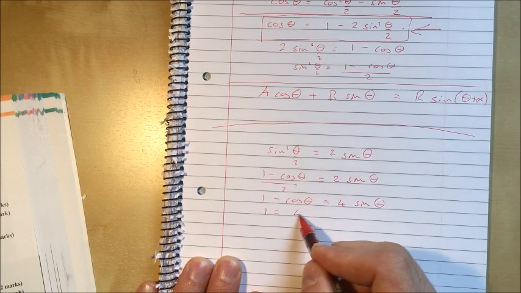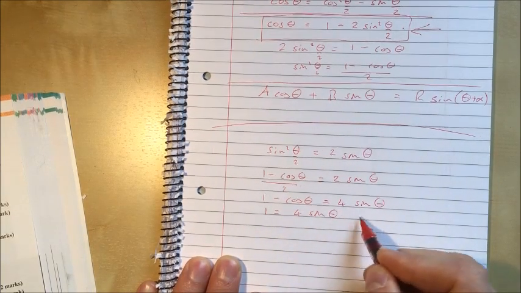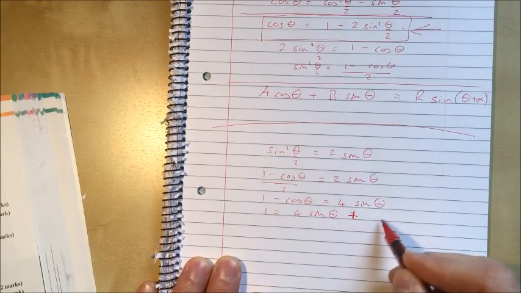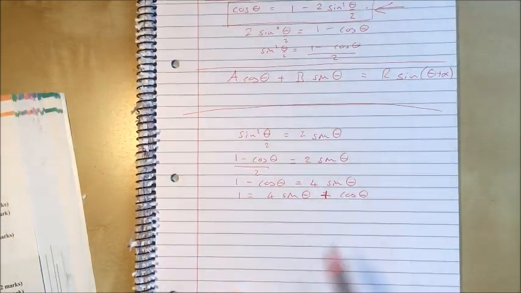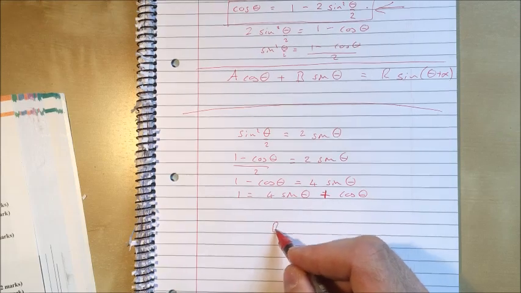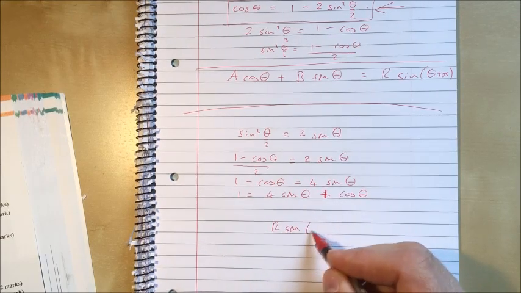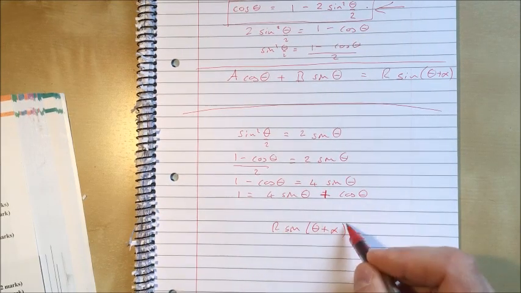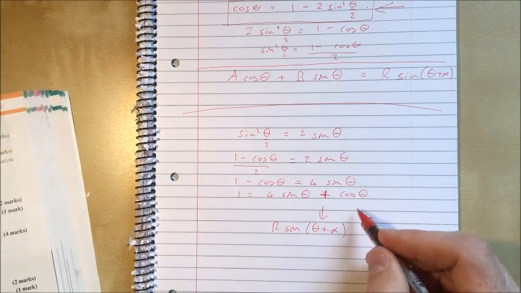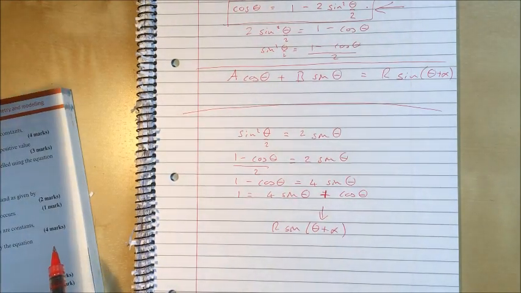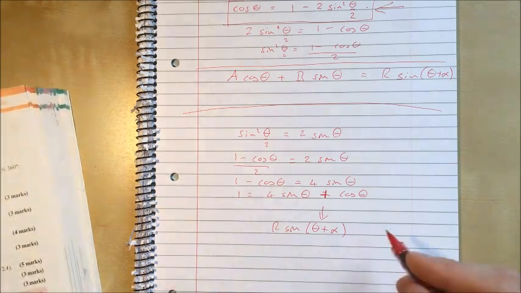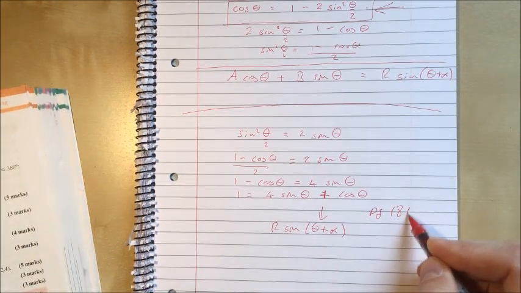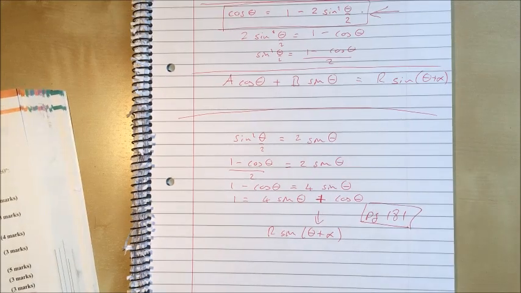So 1 equals 4 sine theta plus cos theta. Now if I take that and write it in the form r sine theta plus alpha, and if you're not sure how to do that, then section 7.5, which you will find on page 181, will help you with that.